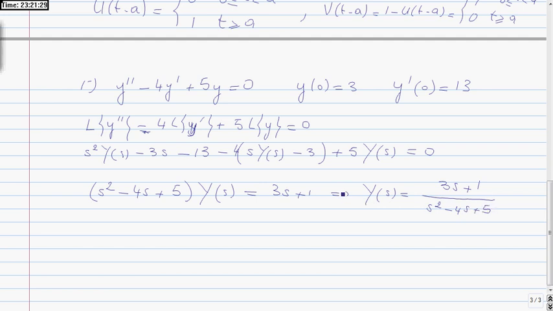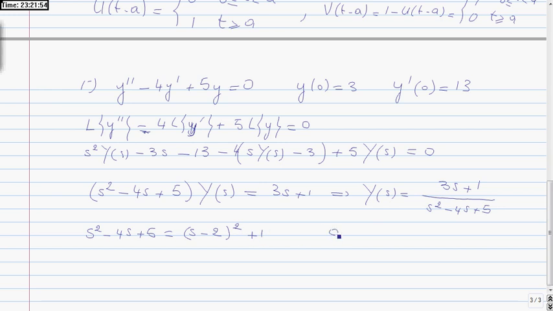Now, to find the solution of this differential equation, we just need to find the inverse of this Laplace transform. But this is where we have to use the first translation theorem. We have to complete the square for the denominator, s squared minus 4s plus 5. We write it as s minus 2 squared plus 1.